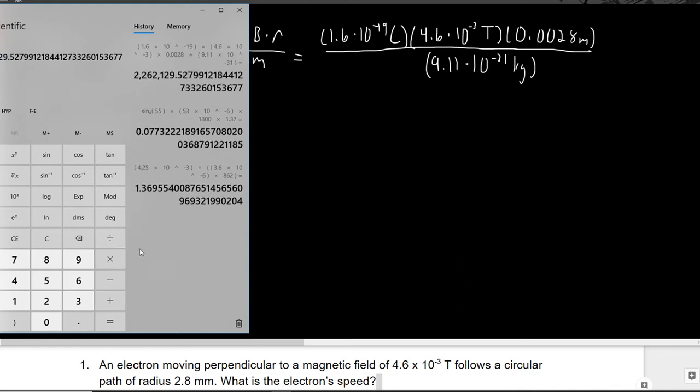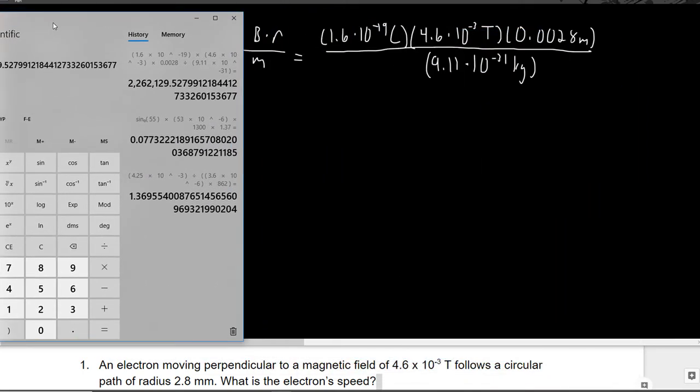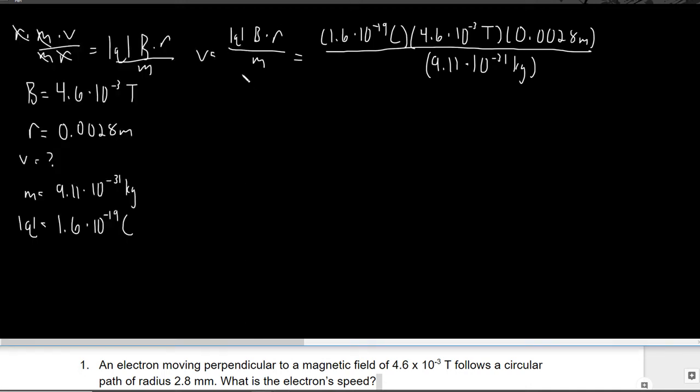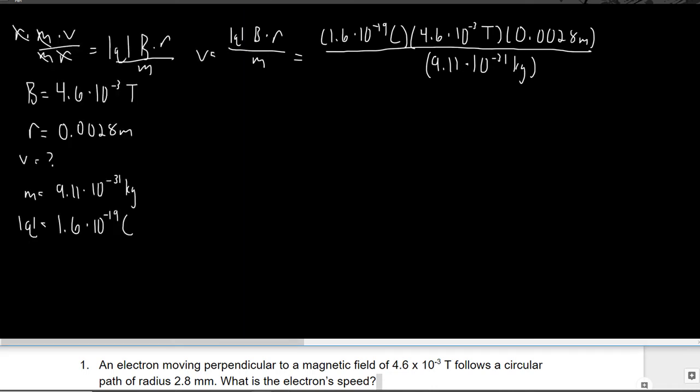That is kind of a big number. So we've got, let's just call that 2.2 times 10 to the 36. Let's double check. 2.26. Okay.